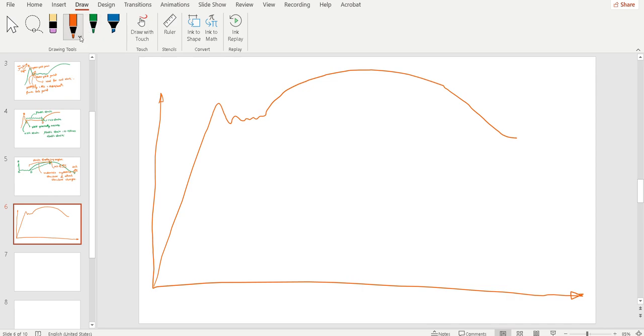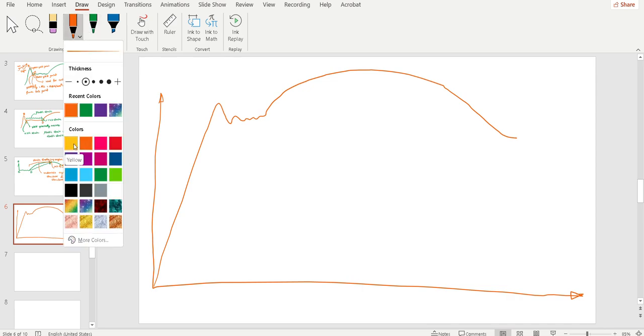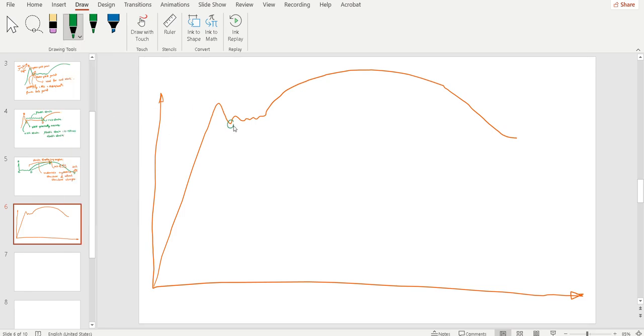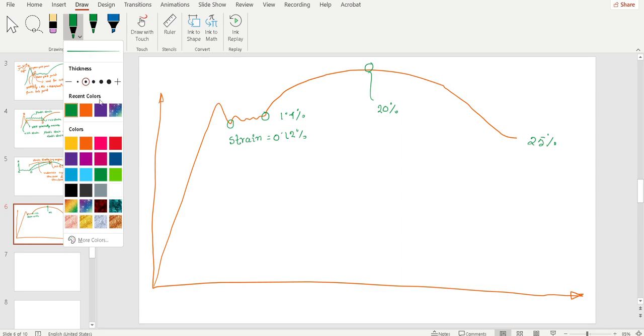Here the strain is 0.12%, here 1.4%, here 20%, and here 25%. Everything is for mild steel.